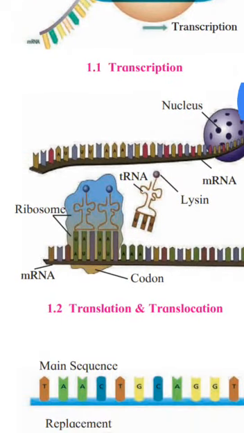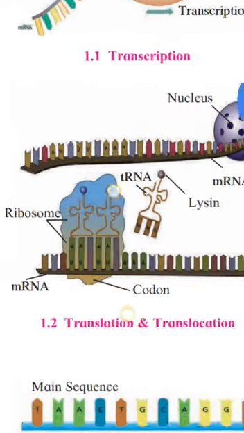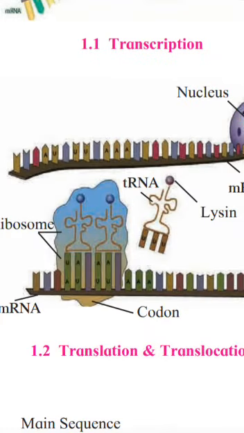We can see the ribosome around the tRNA, the layer of ribosome is shown, ribosomal RNA. In that ribosomal RNA is present, and it moves with the distance of one triplet codon.